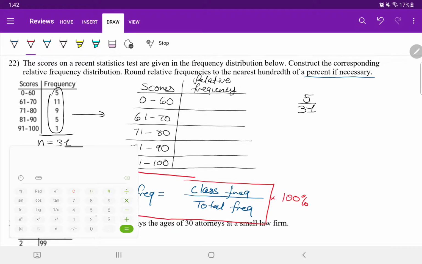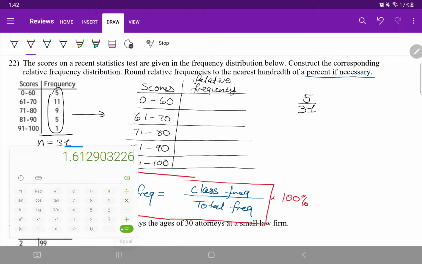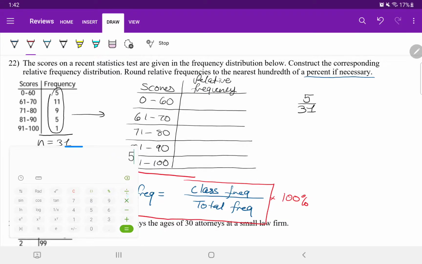So let's do 5 divided by 31 again, times 100. We're going to round this number to its hundredth, so 2 numbers after the decimal. That 9 will make that 2 round up to a 3. So that's 16.13%. Had to make sure I understood what was going on.